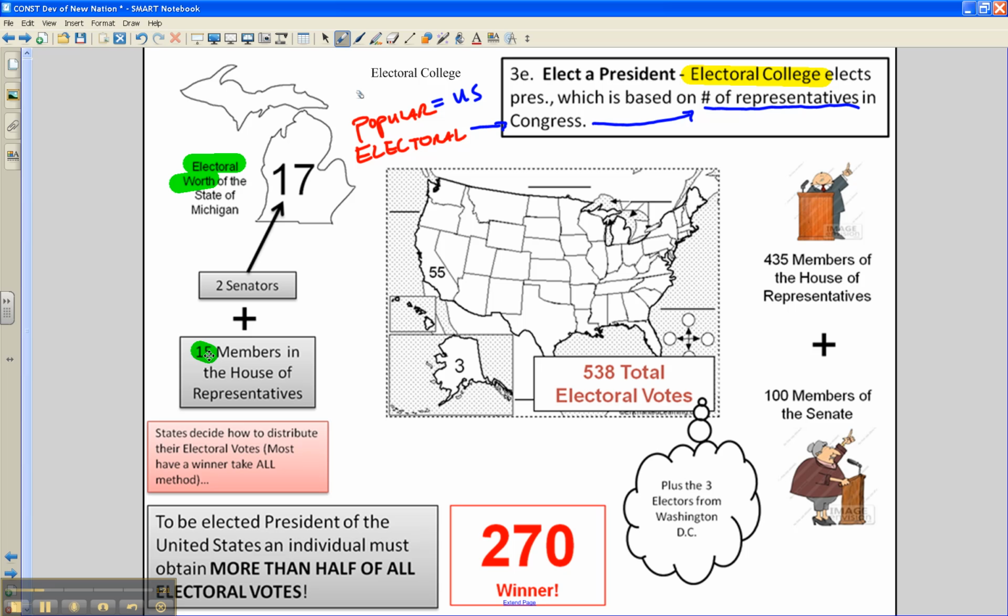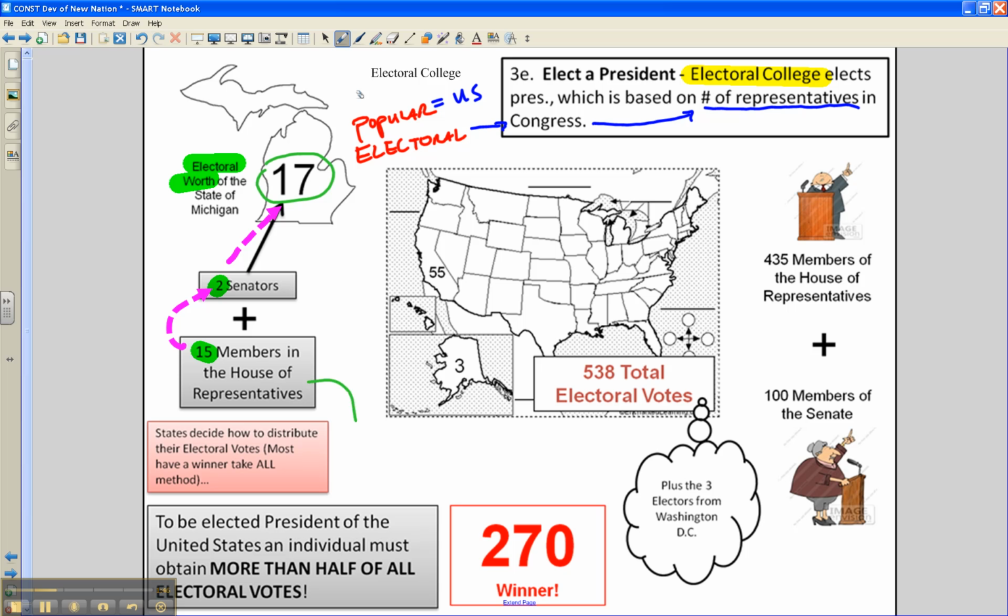Michigan in this case, 15. Every state has 2 senators. It's equal. In order to determine the electoral worth of each state, we add together the membership of the House plus the 2 senators, and that gives us 17. So Michigan would be worth 17 electoral votes.